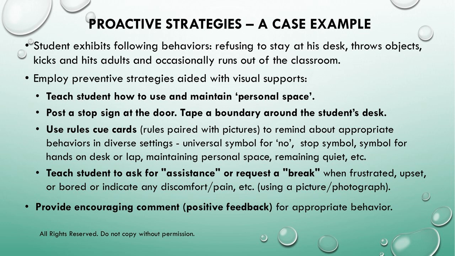Create a personal space for that student. You can teach him how to observe this personal space because you do not want him hitting others. So in other words, 2 feet in front of you. Bring your arms together and say, this is my space. Bring your arms together and clasp them.